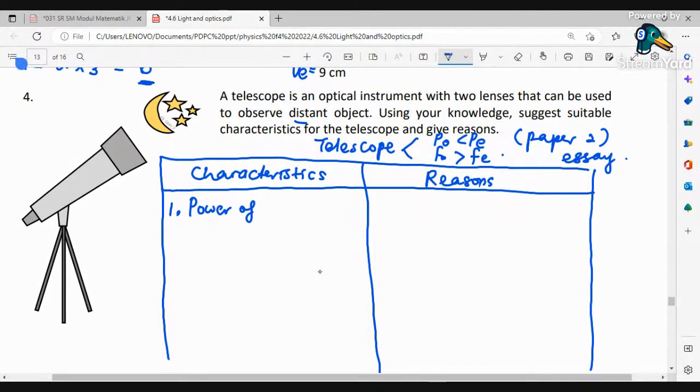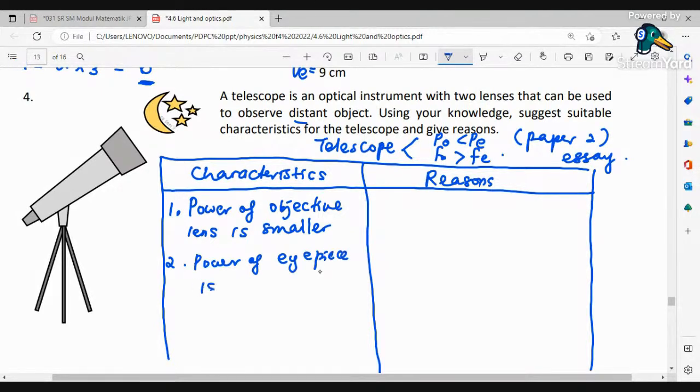Power of objective lens is smaller. Of eyepiece is larger.